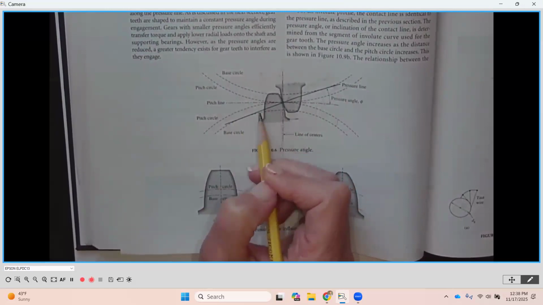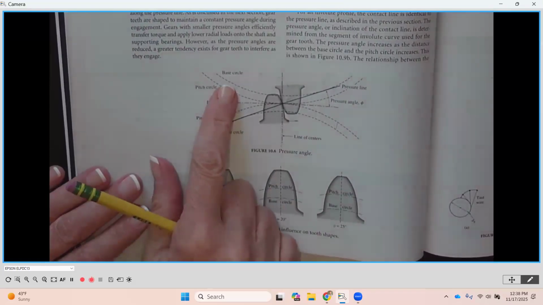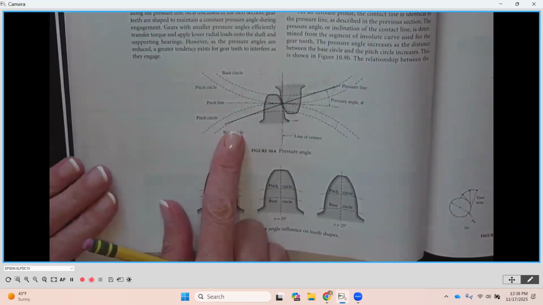Now, there are two other circles that can be generated from the geometry. I'm not going to get into the weeds on how to calculate it, but there's a base circle for one gear and a base circle for the gear that it's engaged with.